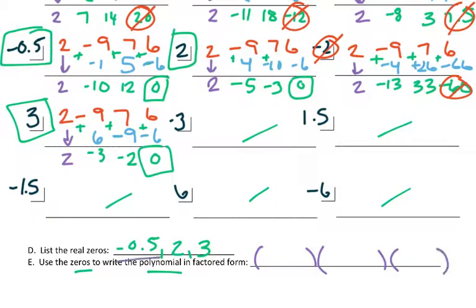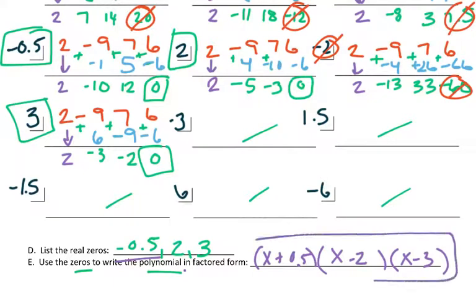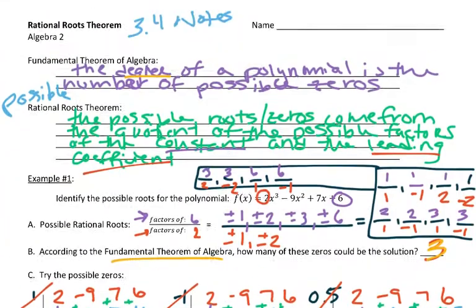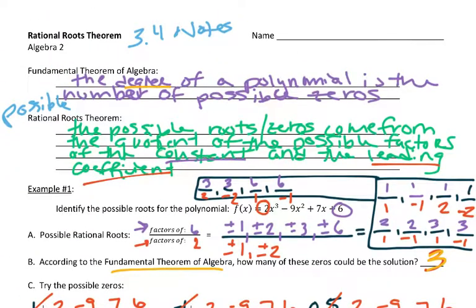So, for instance, opposite of negative 0.5 is plus 0.5. Opposite of positive 2 is negative 2. And opposite of positive 3 is negative 3. So, that is the polynomial in factored form, and we got it by doing our possible rational roots.